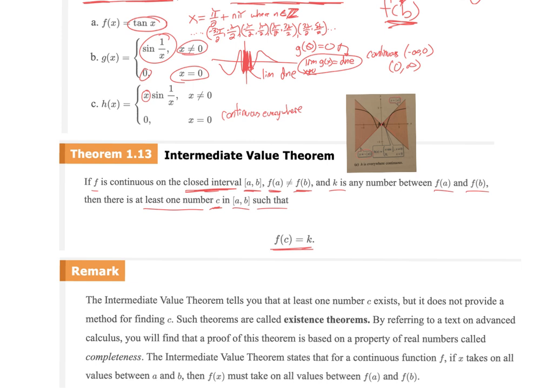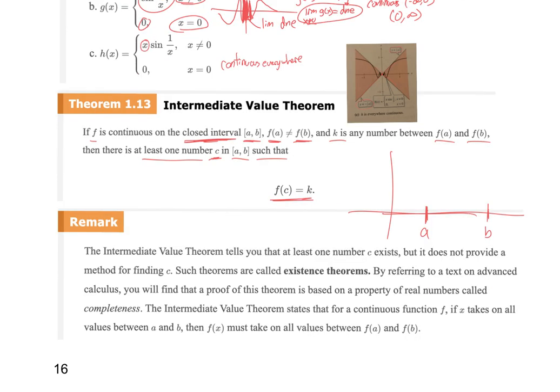So let's take a look at what that means, and let's just draw a sample function. And we're going to start with the things we know. So f is continuous on the closed interval a to b. So I've got a and b here. Now, f of a does not equal f of b. So sometimes we forget these are just the y values associated with it.